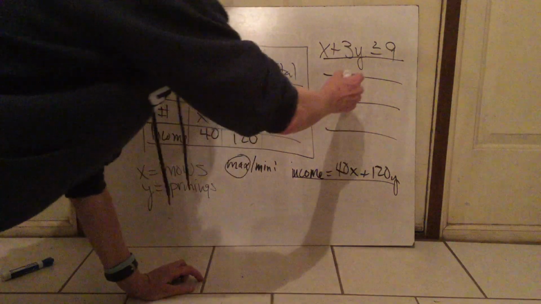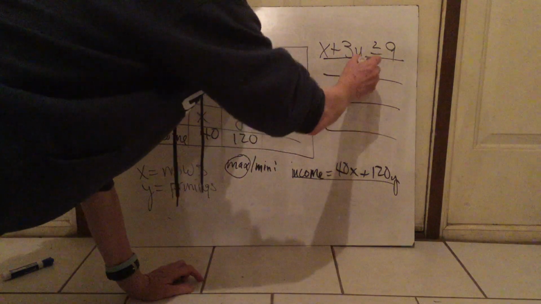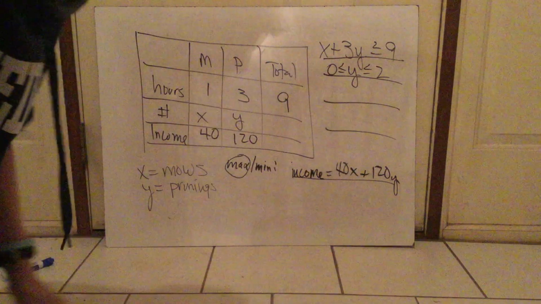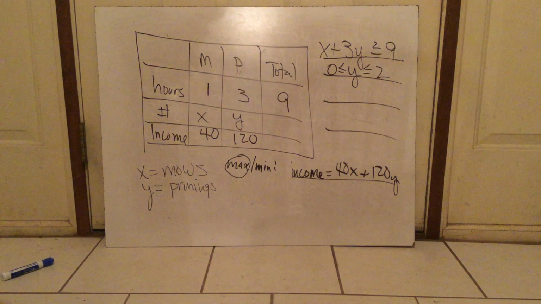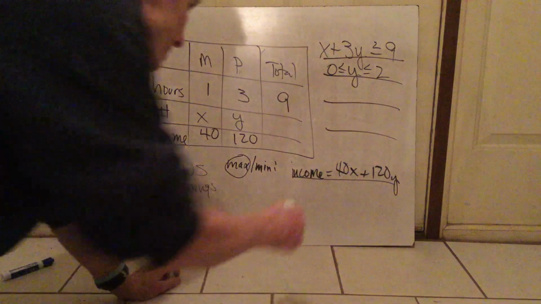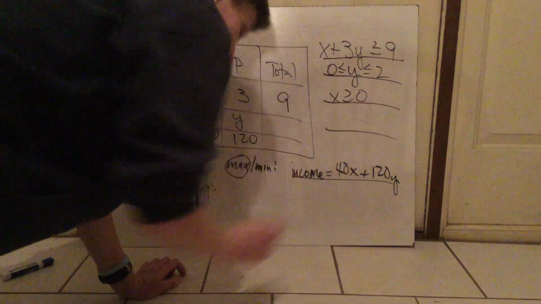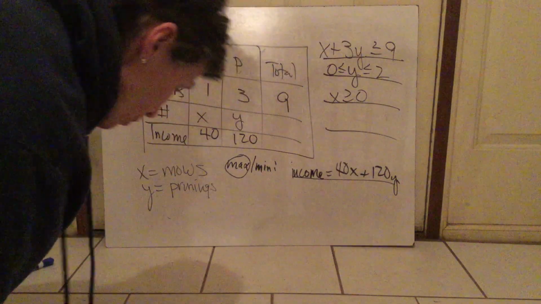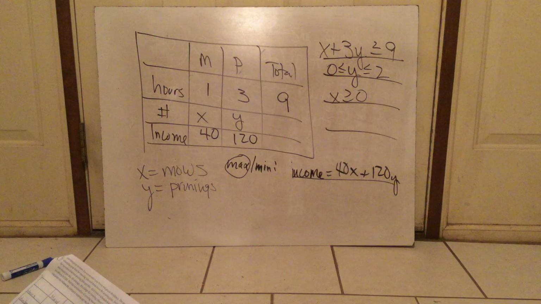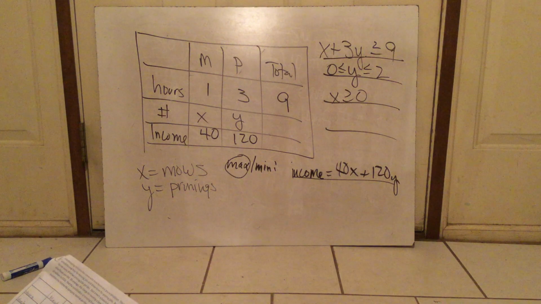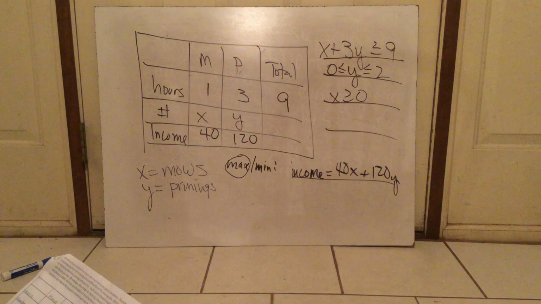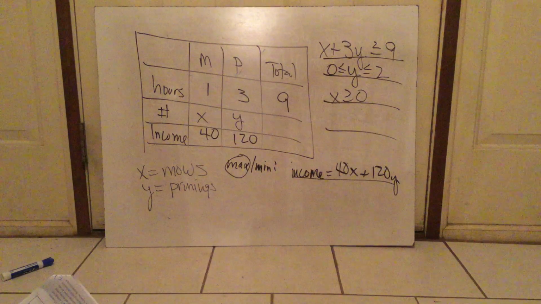So that means the number of pruning jobs that I do has to be less than or equal to 2, but it also has to be greater than or equal to 0. Would you agree with that? And X has to be greater than or equal to 0. But I don't think, I'm going to read it again to make sure, but I don't think there's any limitation on X. Nope, I'm good. Everything in there is set.